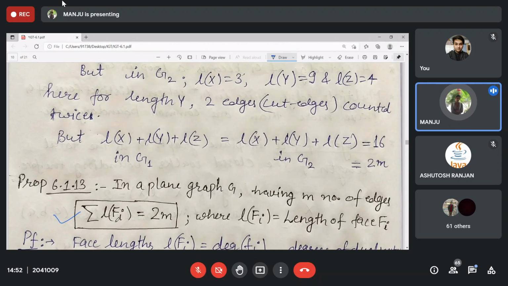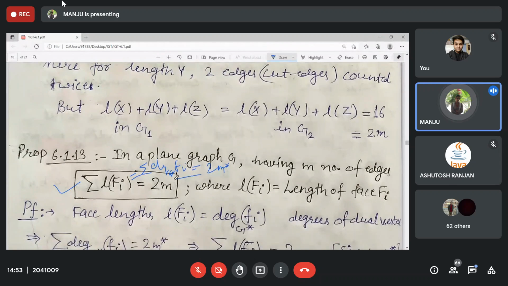Then this length is equal to the degree of the vertex, and the vertex in what? G star, the dual. Degree of the corresponding vertex, and this will be the sum. And then why this 2m? This is equal to 2 times m star, right? And as we have discussed, m is equal to m star, the number of edges will be the same. That's why it is equal to 2m.